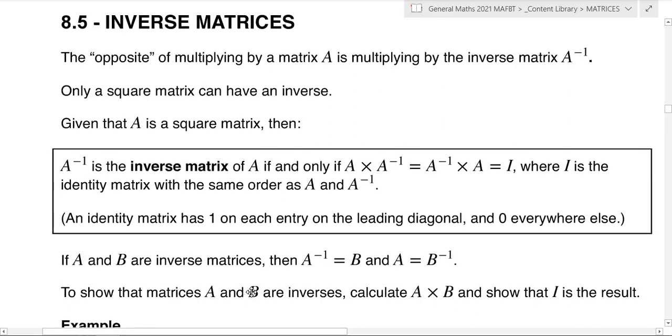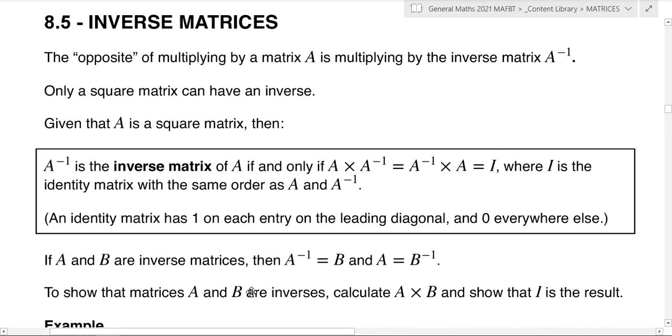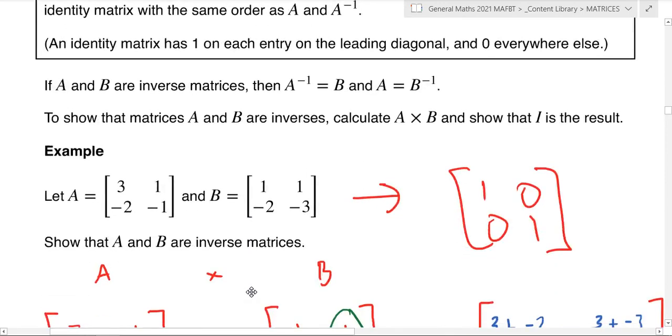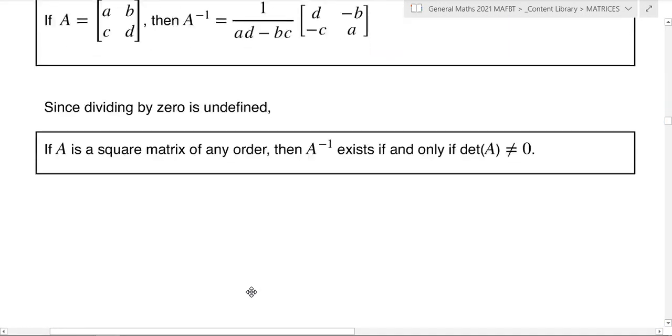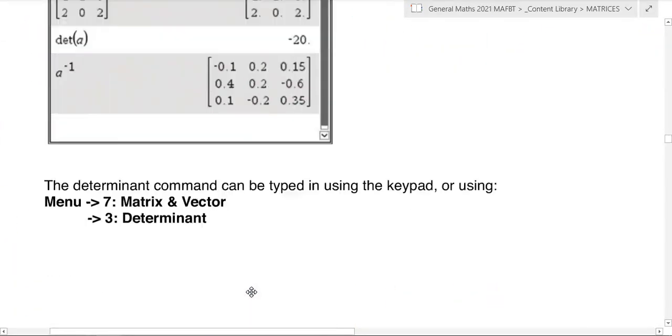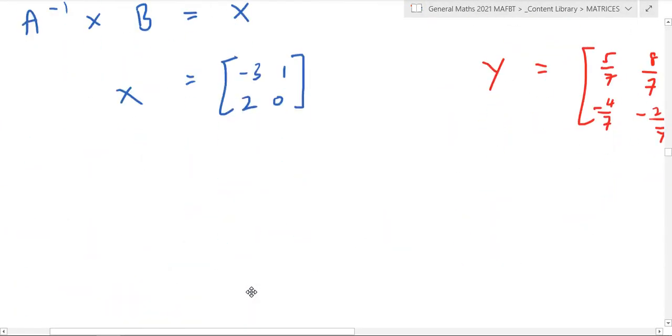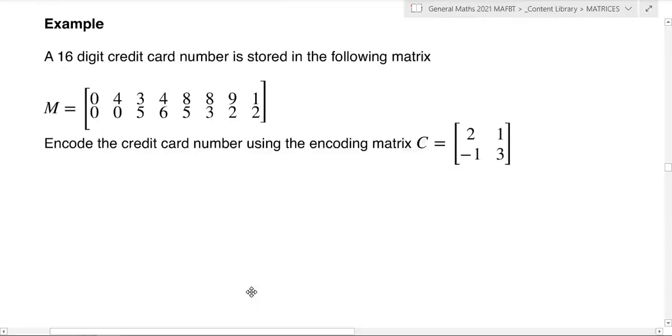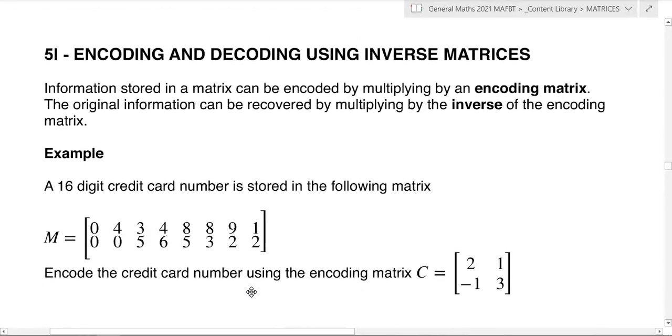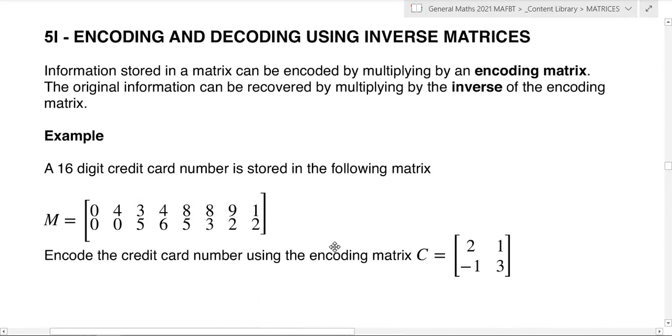Now if you've forgotten that, please watch the previous lesson, which was this one, to understand how to do the next lesson, which is on encoding and decoding your matrices. Now, I'll read from here. Some of you guys may have actually already come across something like this before in your everyday life, but let me read this.